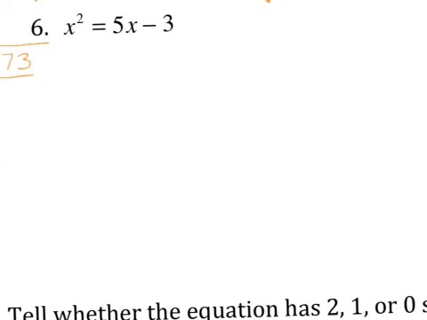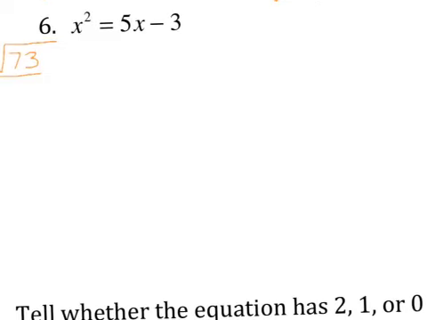For number 6, before we use the quadratic formula, we have to set the equation equal to 0. So we want to subtract 5x and add 3 to the other side. So we'll have x squared minus 5x plus 3 equals 0. And now we're ready to use the quadratic formula. Since there's no number in front of the x squared, our a value is really 1.